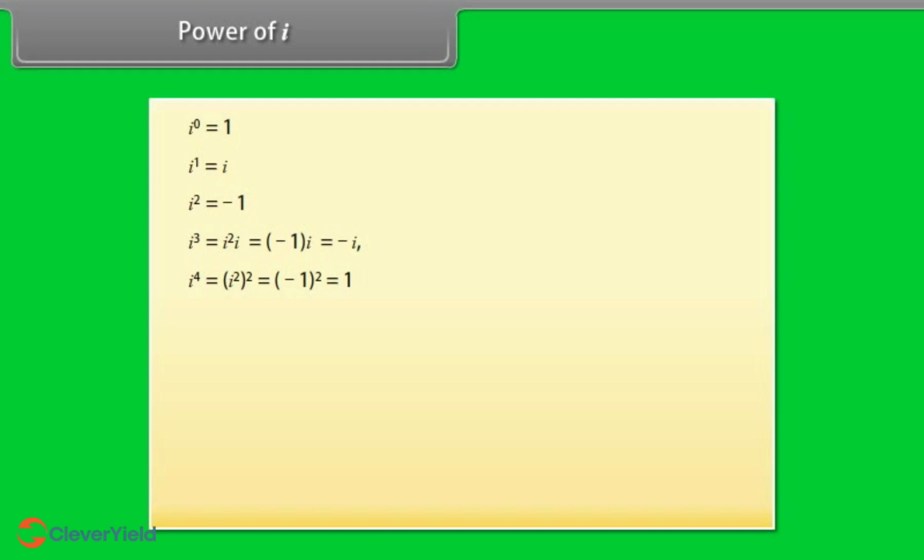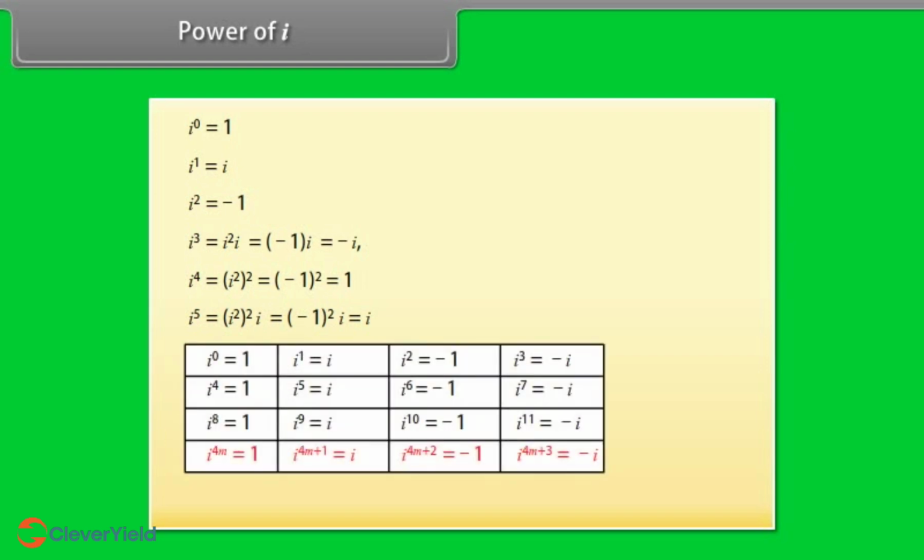square, which is equal to 1. Iota raised to power 5 is equal to square of iota square into iota, which is equal to minus 1 square into iota, which is equal to iota. Look at the table. We can see that iota raised to power 4m is equal to 1.